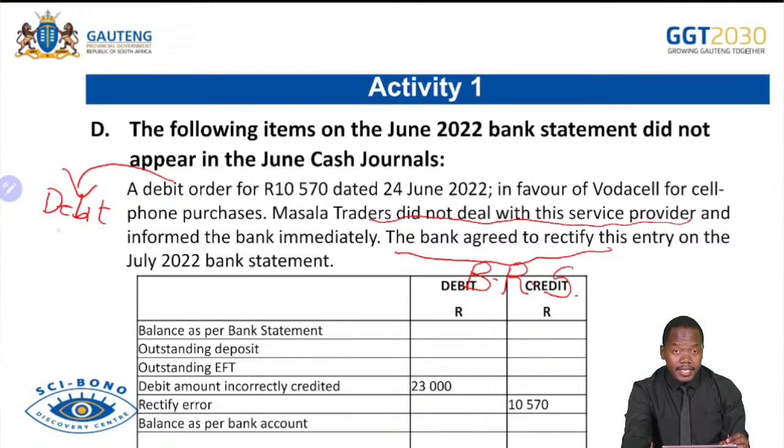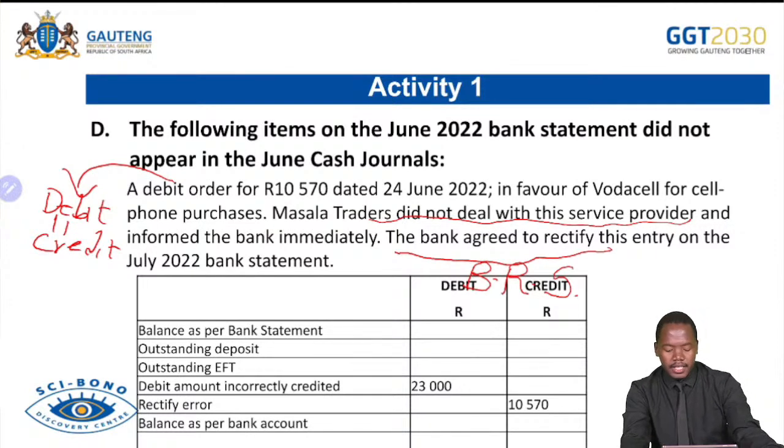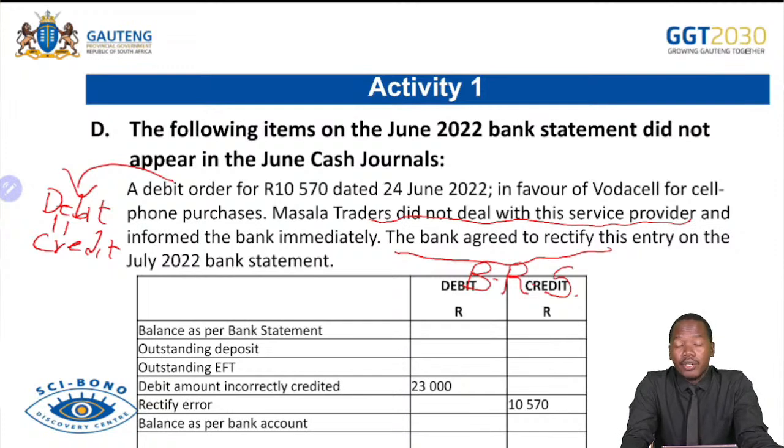To correct it, you need to enter it on the credit side if it's a wrong debit order. This is the reason why we enter the amount on the credit side. The same thing applies with the 23,000. It was initially entered on the credit side. To correct it, we enter it on the debit side of the bank reconciliation.